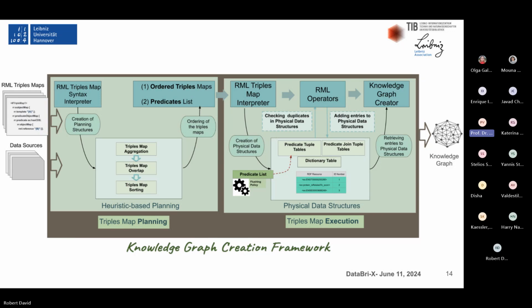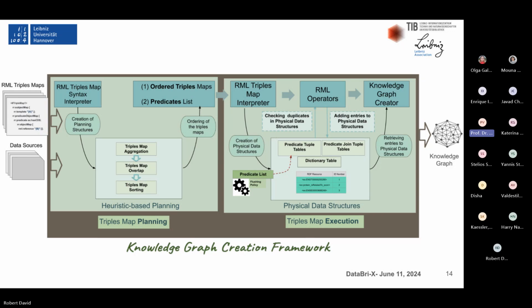In a first step, it considers the mappings, grouping the triple maps that are over the same data sources or that share certain characteristics. And then there is a planner that plans how this should be executed so that the execution time and the memory consumption are reduced.